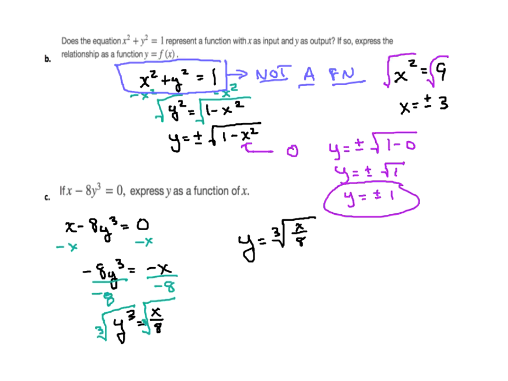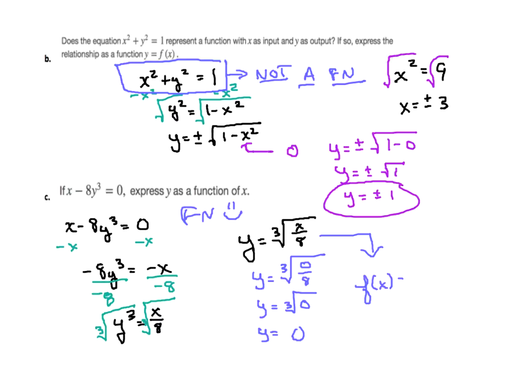If I plug in 0, I get y equals the cube root of 0 divided by 8. That's y equals the cube root of 0. What can I multiply by itself 3 times to make 0? Well, that's 0. So since I only get one output, I can rewrite that as f of x is equal to the cube root of x over 8.